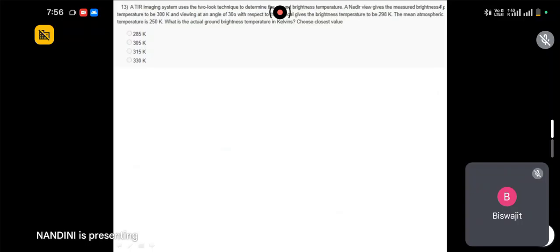I'll show you just the cover page if you want. So these are the books that I have. Sorry. Yeah, that's what I was just looking.